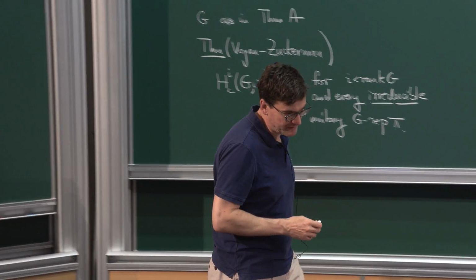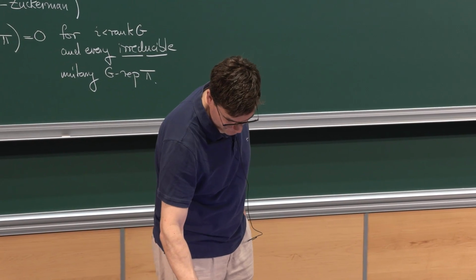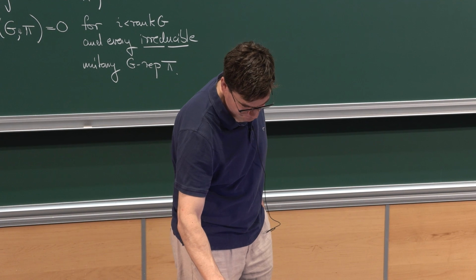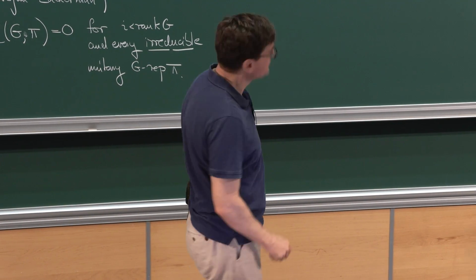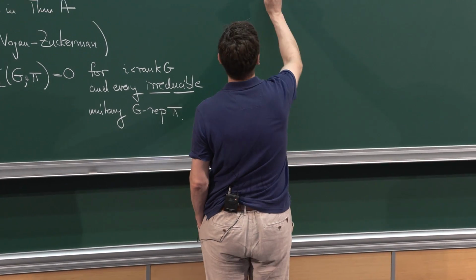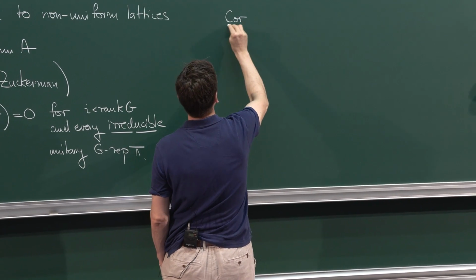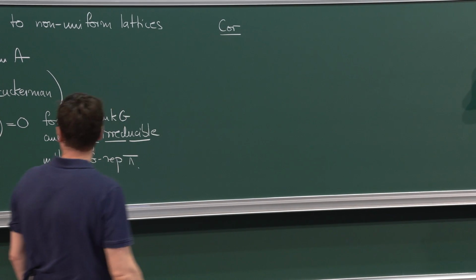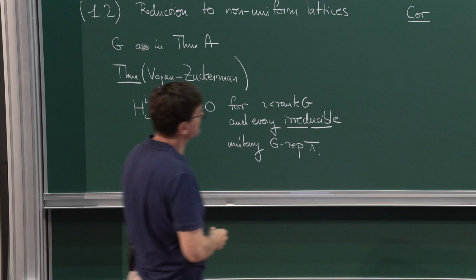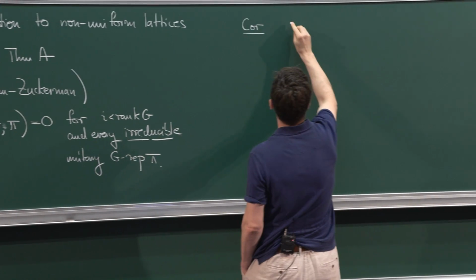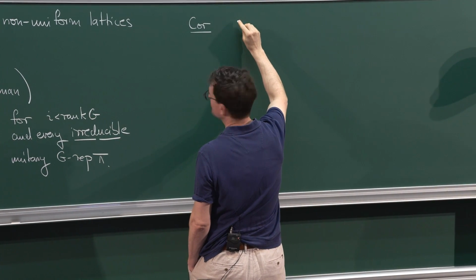And so how do we use what we discussed now to quickly somehow go to all representations here? If you have a G representation which is not irreducible, then there is a decomposition that we can use into irreducible.